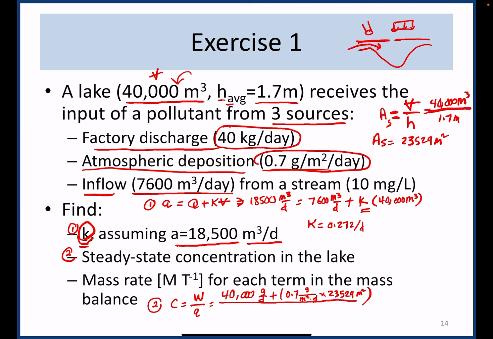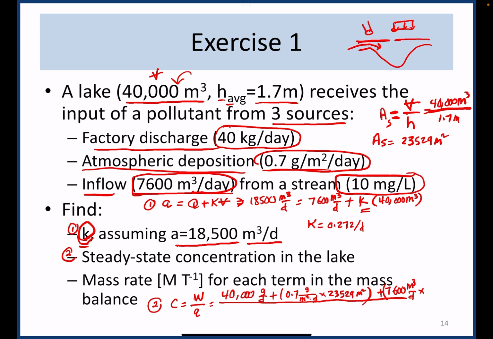Now, do we have another loading? Yes, we do: the inflow, 7,600 meter cube per day, and we have the concentration of that inflow. So plus 7,600 meter cubic per day times 10 milligram per liter.